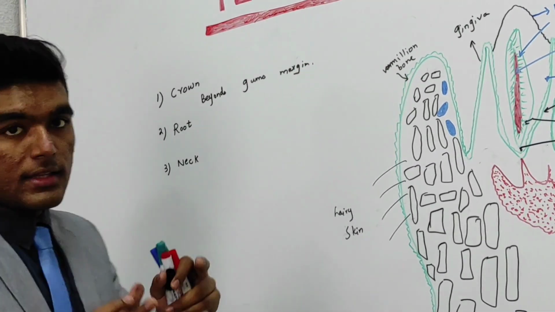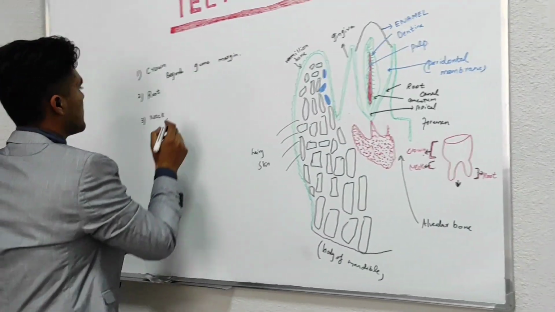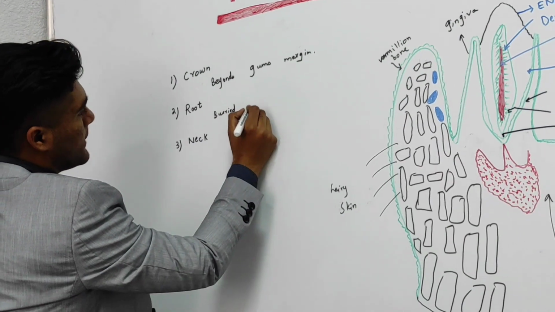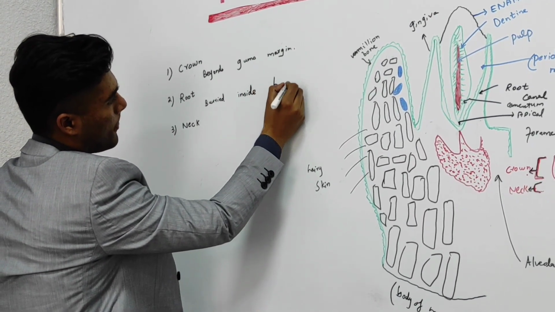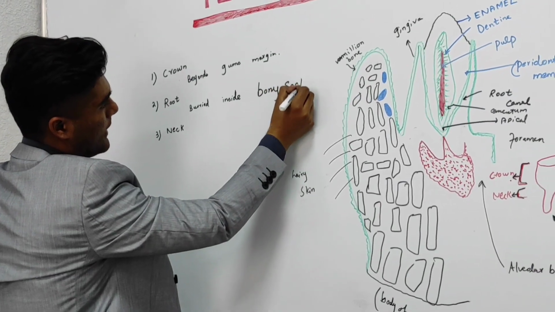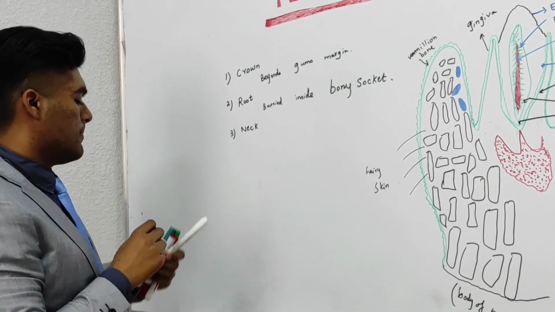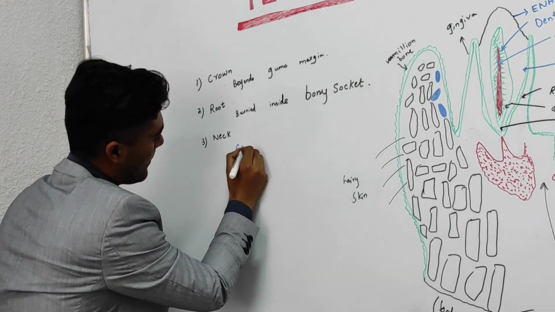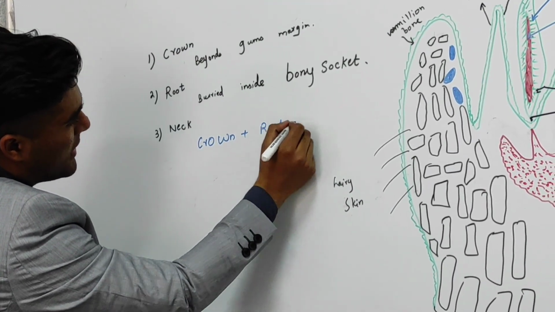And root is the area that is buried in the bony socket. And neck is the region where crown and root meet up, the crown plus root meeting point.